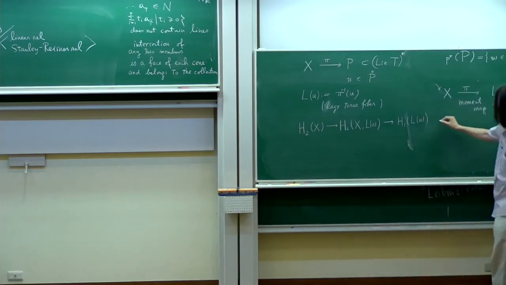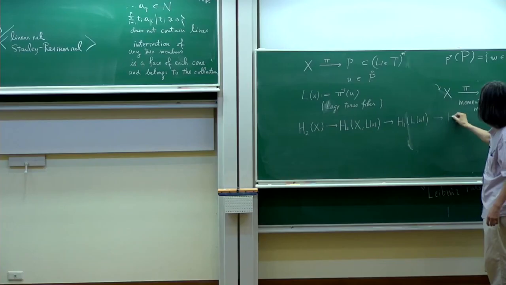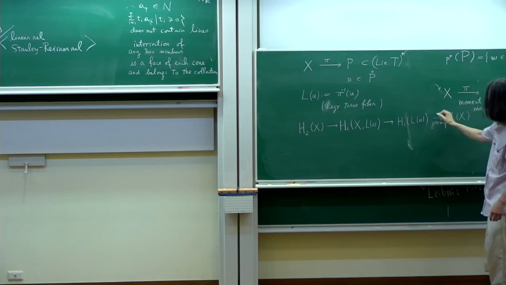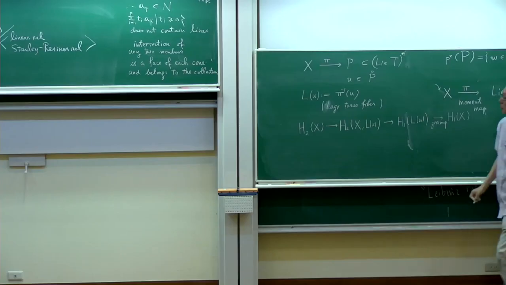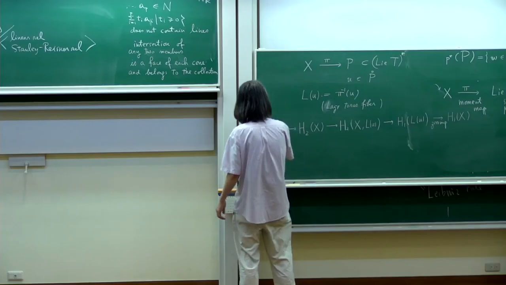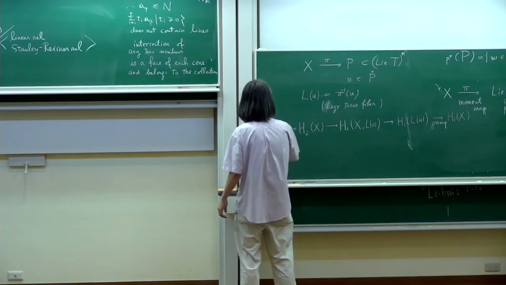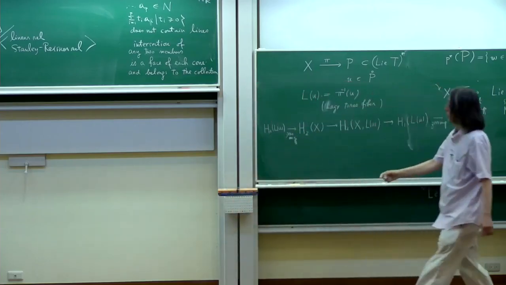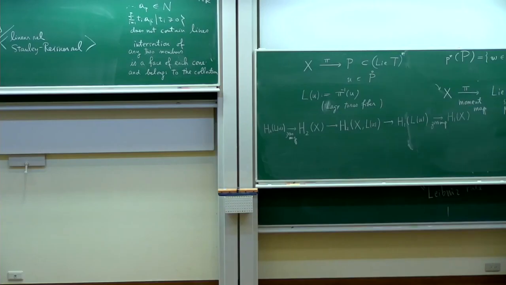And certainly you may have a map from H1 to X, but this one is a zero map. Maybe later I may do this. And also here, this one maybe comes from H2 of Lu, but this one is also a zero map. So I have a short exact sequence.